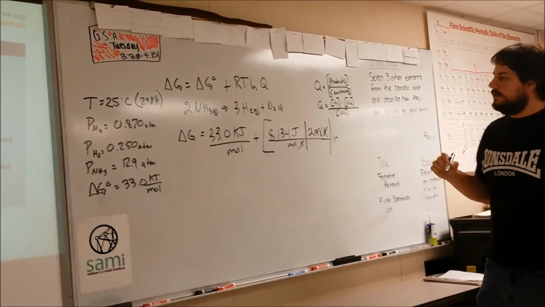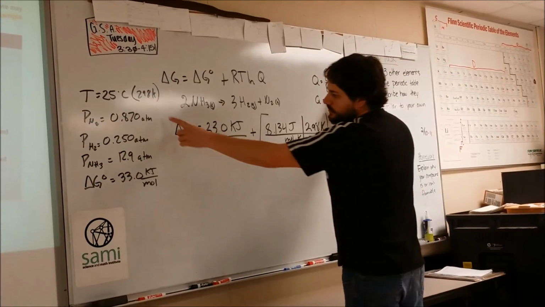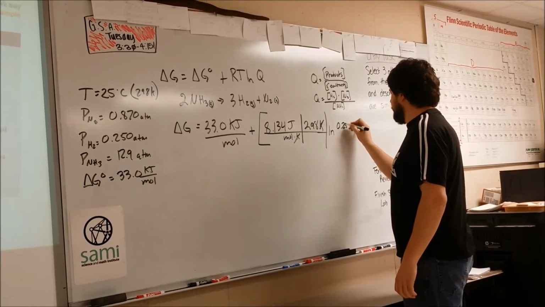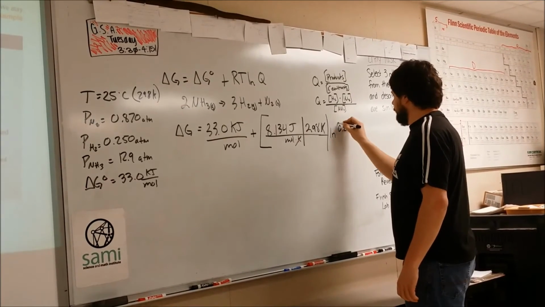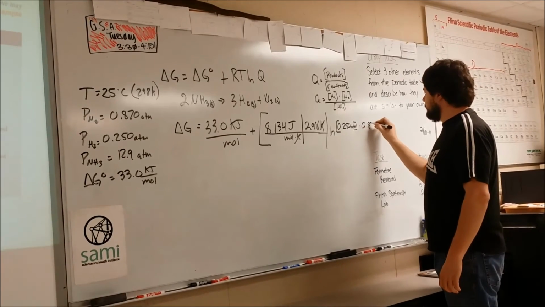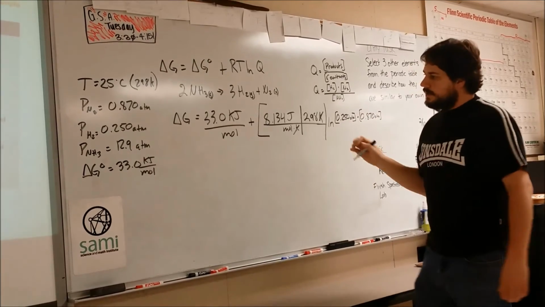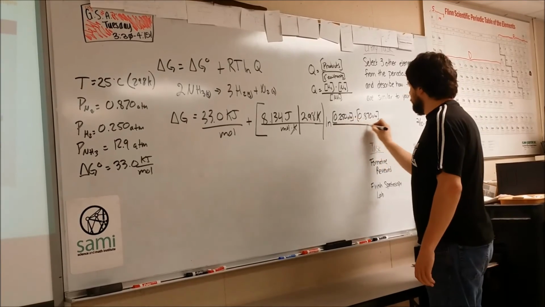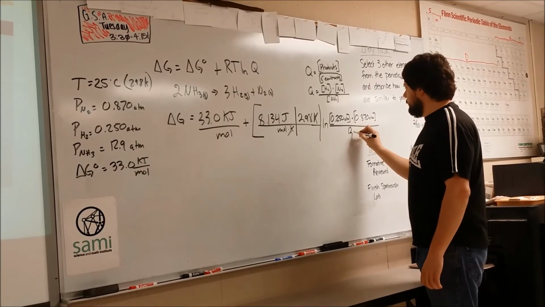The pressure of hydrogen is 0.250 atmospheres, times 0.870 atmospheres. The 0.870 comes from the N2, and that is all over the reactant, in this case 12.9 atmospheres.